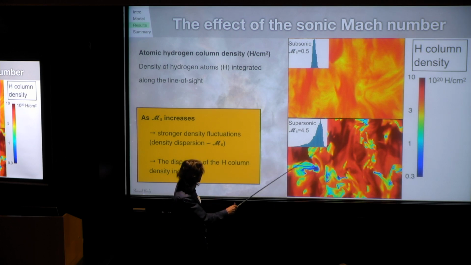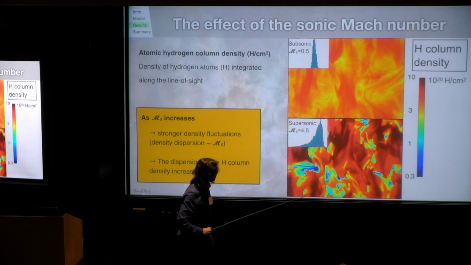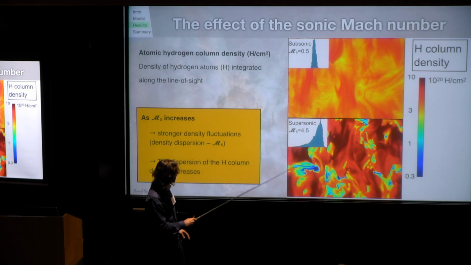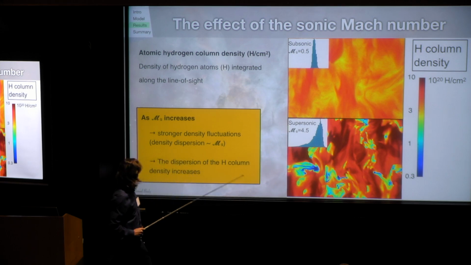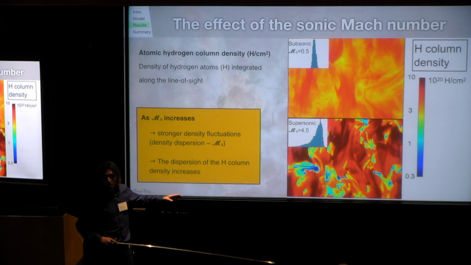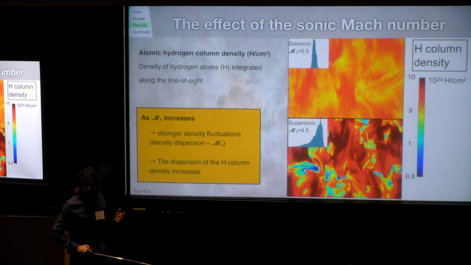In the map, we see strong fluctuations between different regions, different lines of sight. The PDF becomes wide. So generally, as the Mach number increases, strong density fluctuations develop, and the dispersion in the column density of atomic hydrogen becomes large.